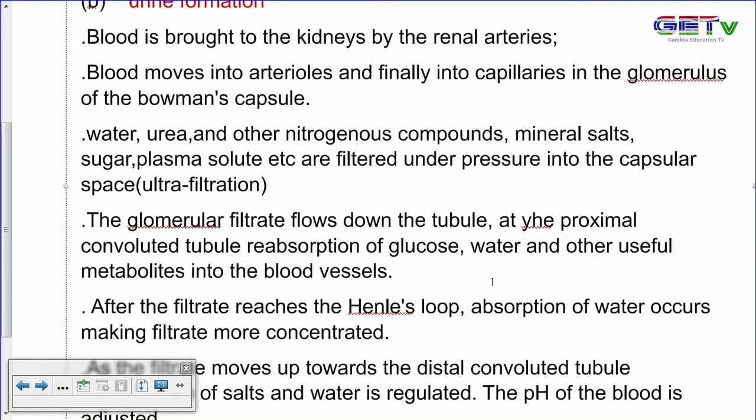Some of the substances that pass are water, urea, and other nitrogenous compounds, the mineral salts, sugar, and plasma, filtered under pressure into the capsule. All this process is called ultrafiltration. And you also have what you call the glomerular filtrate, which is where substances move.